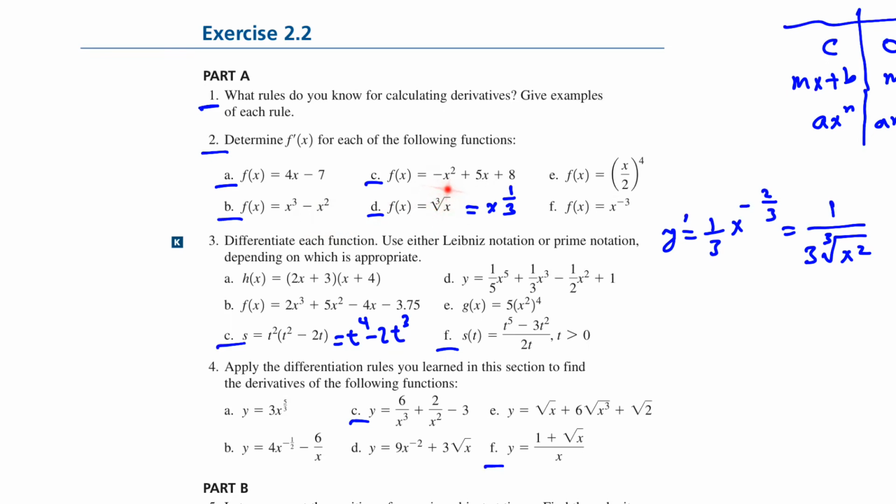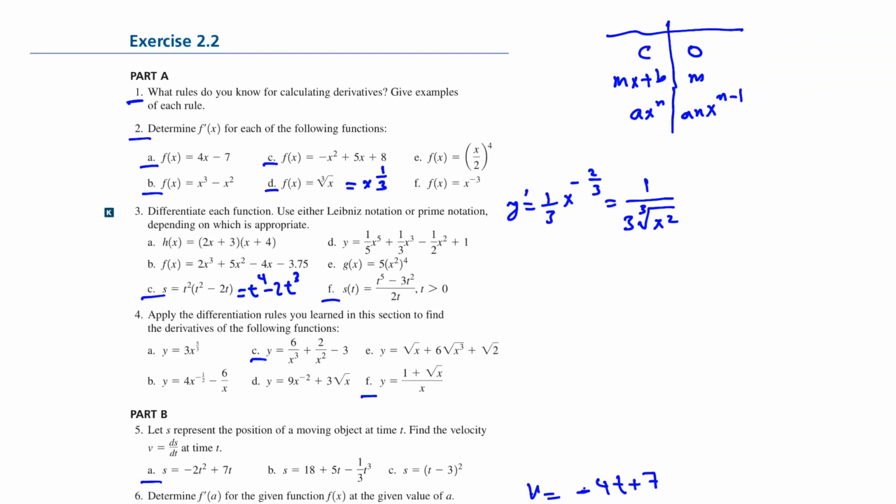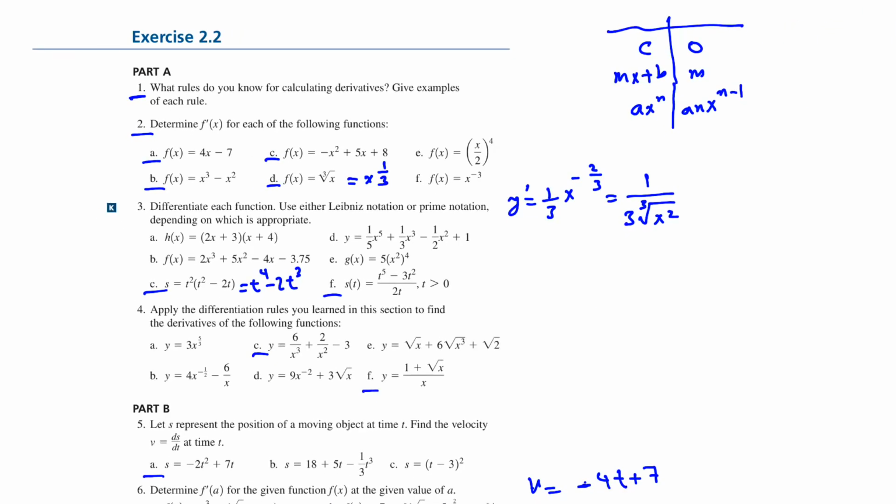The derivative of minus x2 plus 5x plus 8 is minus 2x plus 5. The derivative of x to the power of 1/3, the cube root of x, is 1 over 3, x to the power of negative 2 over 3, which is 1 over 3 cube root of x2.